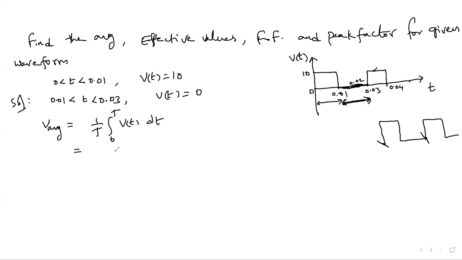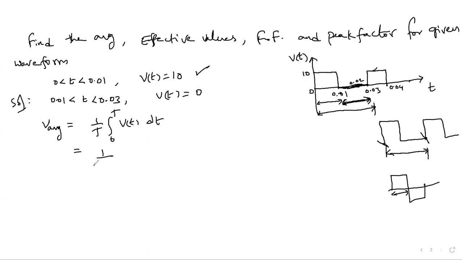Now, what is 1 by T? That is the complete time period, that is 0 to 0.03. If it is a wave nature like this, then you can consider only up to this portion while calculating the average value. But the wave nature is non-uniform, so you can consider the complete full cycle. Now 1 by T, the value should be 0 to 0.03. So the amplitude we have is in between 0 and 0.01.